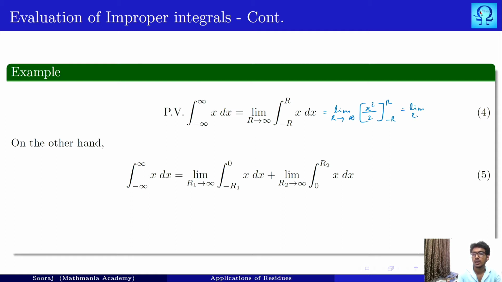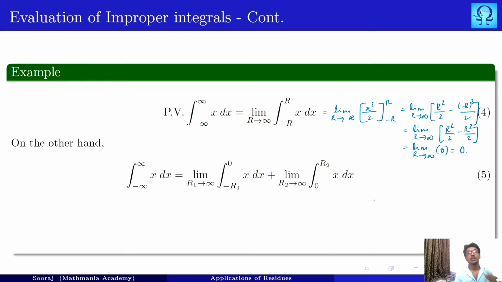So limit r approaches infinity, r squared upon 2 minus (minus r squared upon 2). So this is limit r approaches infinity, r squared upon 2 minus r squared upon 2, which is simply the limit as r approaches infinity of 0, which is simply 0. So the Cauchy principal value of this integral is 0.